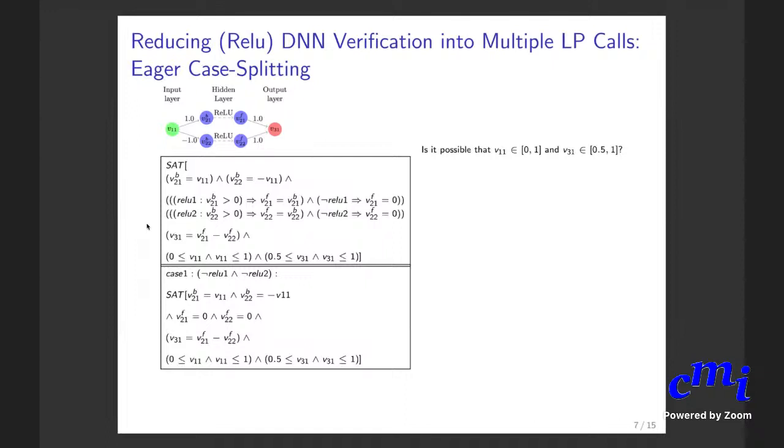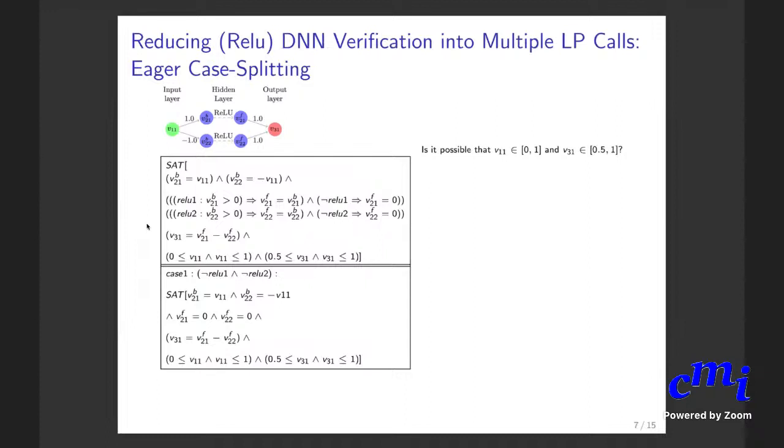Now the question is, can you do this? That's why I call this eager case splitting: solving this one by eager case splitting and converting it into potentially a large number of separate LP instances.